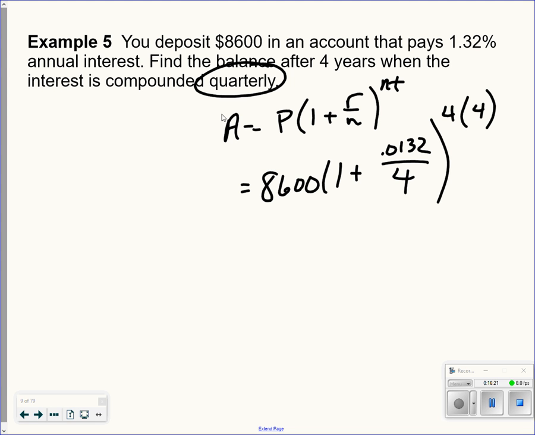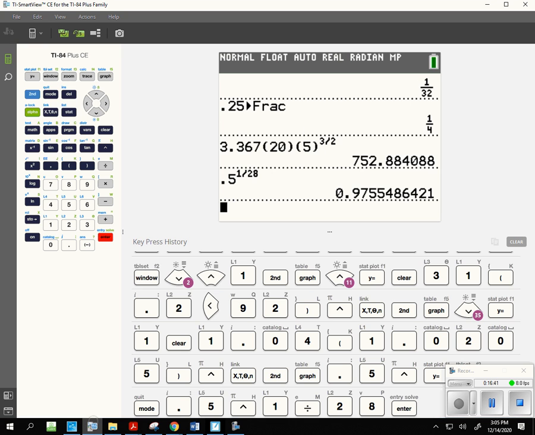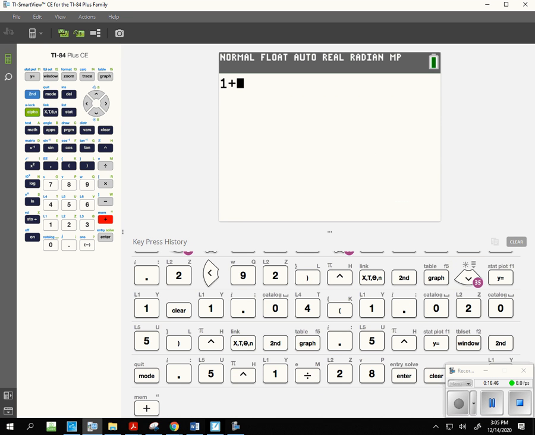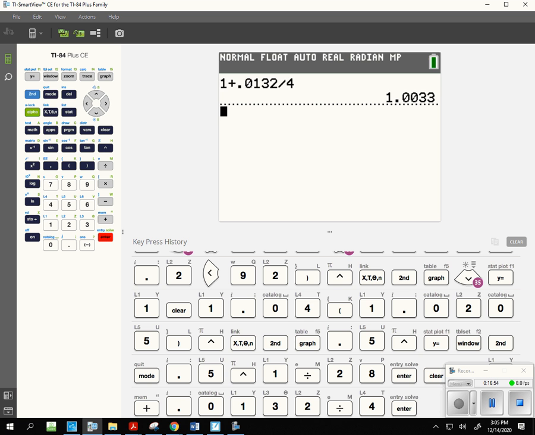That's what you want to be able to type into your calculator. It does require a little bit of parentheses, and you have to be careful. I always figure out what's inside the parentheses first, and then raise that to the correct power. So using my calculator, what is 1 plus 0.0132 divided by 4?